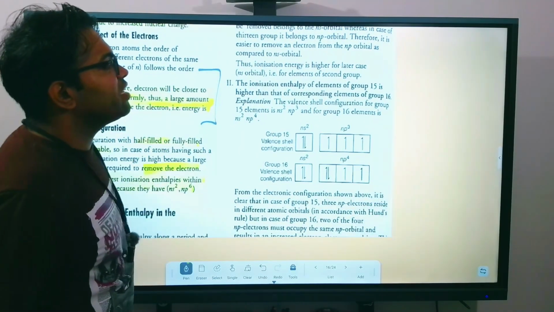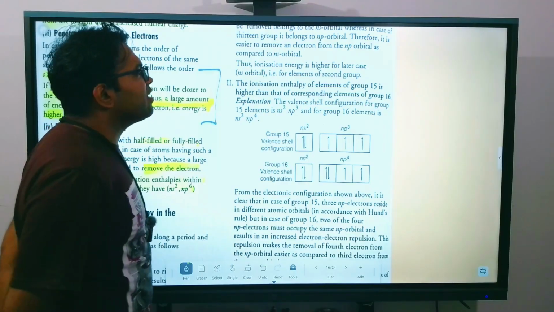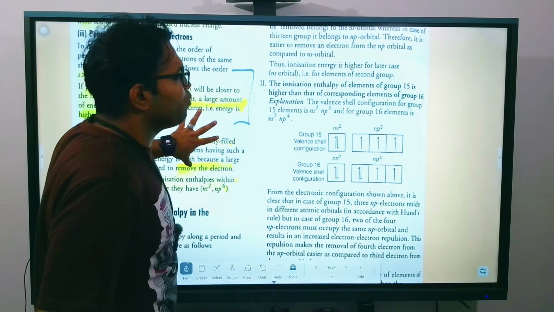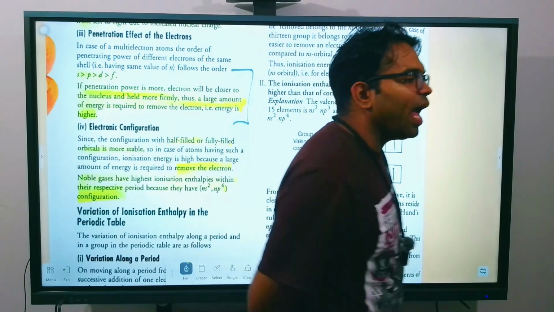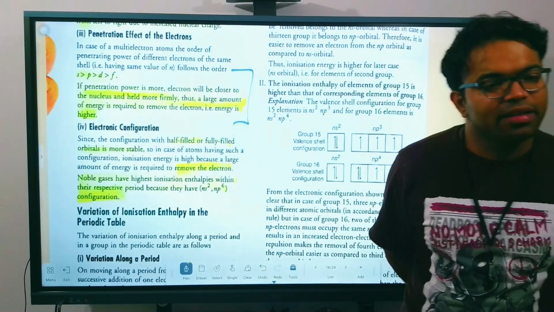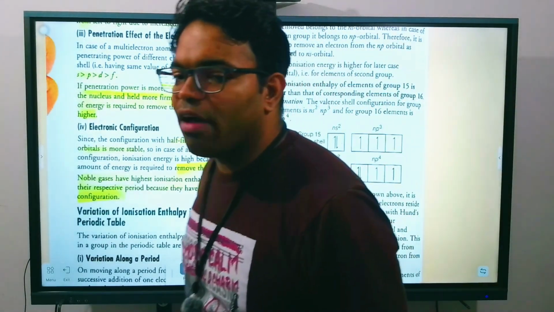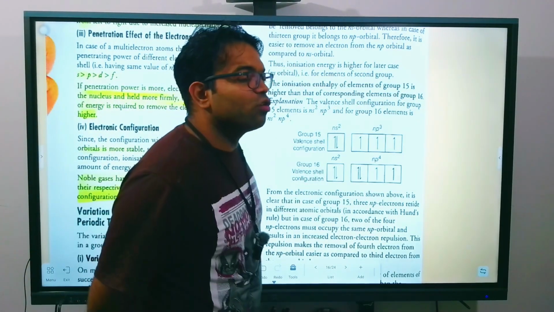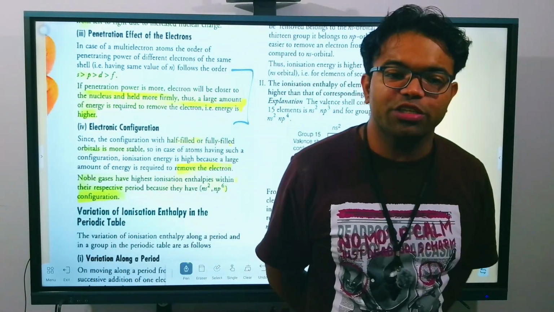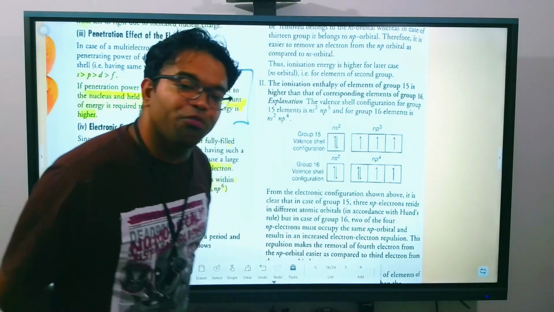Okay, the ionization enthalpy of group 15 is higher than the corresponding elements of group 16. So for group 15, what is the electronic configuration going to be? ns2 np3. Group 15 elements have an outermost electronic configuration of ns2 np3, and group 16 elements have ns2 np4.